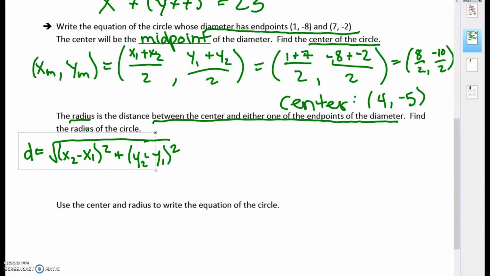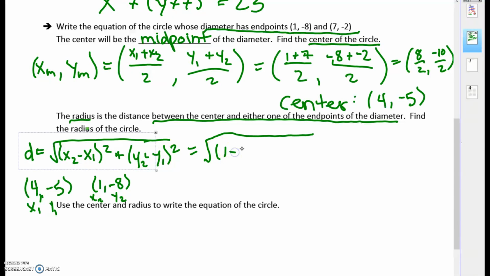And I'm going to let my center be my x1, y1. 4 comma negative 5 is going to be x1, y1. And then I'm going to use one of those other 2 points. I'm kind of liking 1, negative 8. 1 comma negative 8 as my x2, y2. And so I'm going to plug in to my formula.